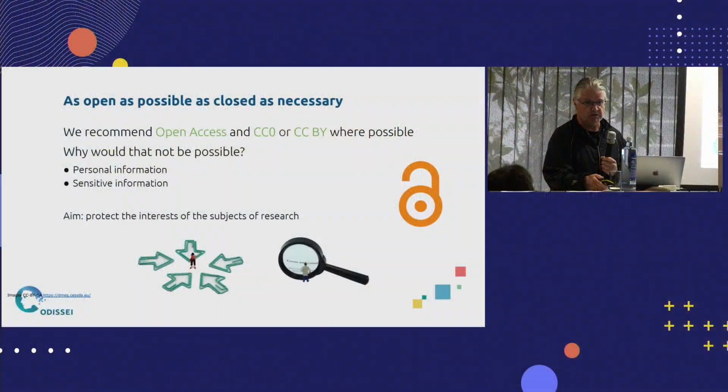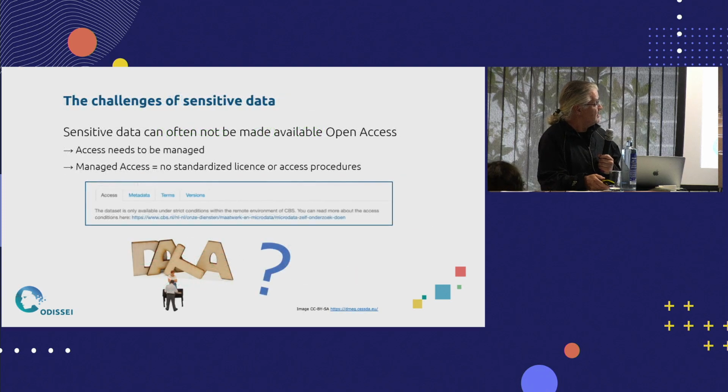Now, generally speaking, one sees quite often that there are recommendations in respect of licensing, either public domain licenses or CC BY type Creative Commons licenses. But of course, these things are not always applicable because we work with a lot of sensitive data of one kind or another. And we cannot make these data sets available using open licenses, but we have no current real alternative for those licenses.